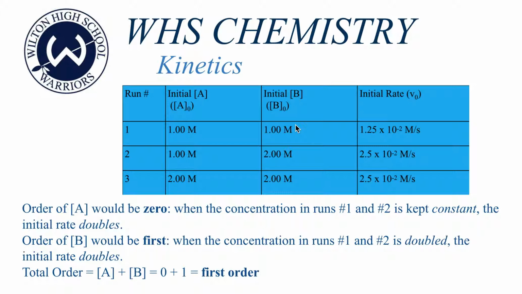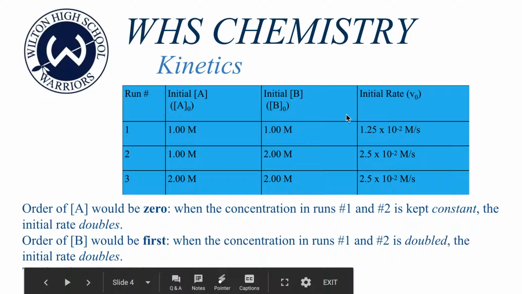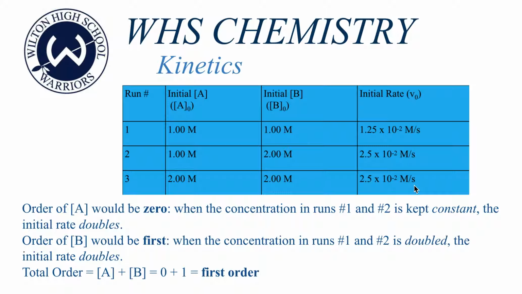The order of B would be first order because when the molarity is changed from 1 to 2 molar in runs 1 and 2, the initial rate is doubled. So we know that would be first order because it's a direct relationship: when that is doubled, the initial rate is doubled. To find total order is pretty simple. You just add the orders of A and B, which is 0 plus 1, equal to first order.